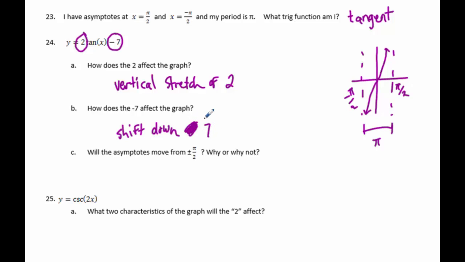Okay, shift down 7. Will the asymptotes move from positive and negative pi over 2? Why or why not? How can I figure out where the asymptotes for this are? Well, I can graph it on my calculator, and that would be one way of doing it. They will not move from positive and negative pi over 2, though, and the reason is because there's nothing inside my parentheses with x.